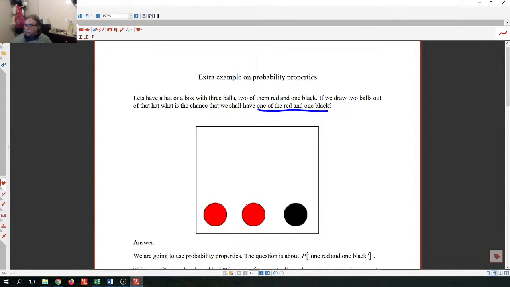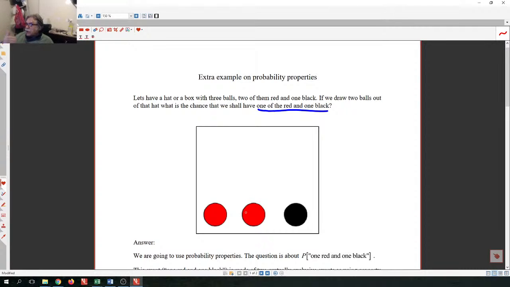You can draw this one first, and then this one, that's two. You can draw this one first, and then this one, that's three. Yeah, and you got both red in both cases, but it's a different situation. If you draw this one and this one, that's four. You can also do this one first, and this one, that's five. And you can also draw this one and this one, that will be six. Interesting, right? Six different ways you can get the two balls.